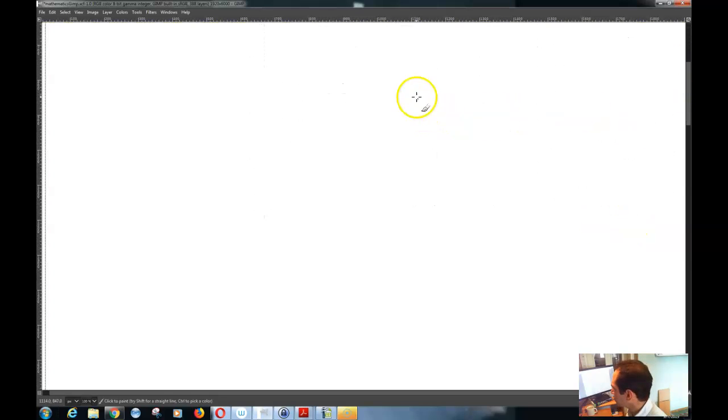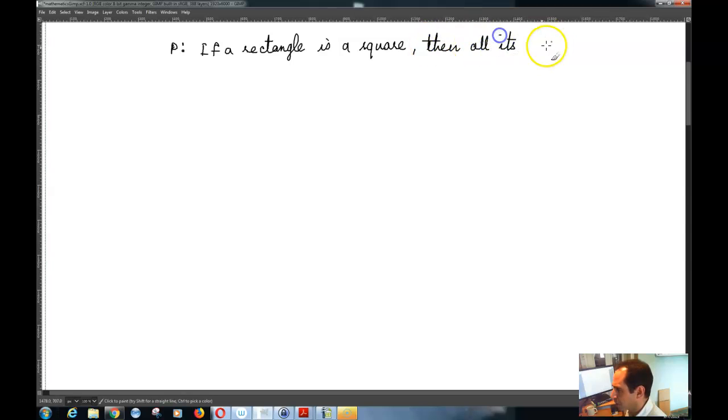So the statements that you have are, for example, P, which is: if a rectangle is a square, then all its 4 sides are equal.